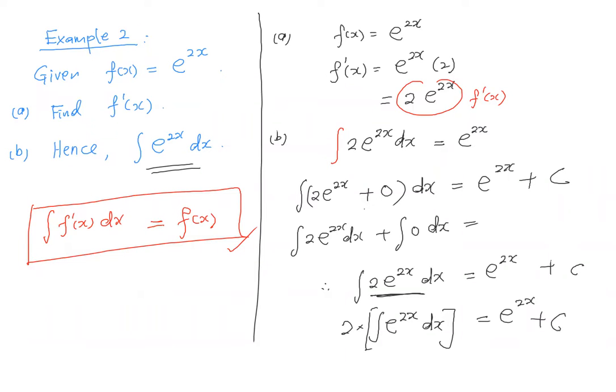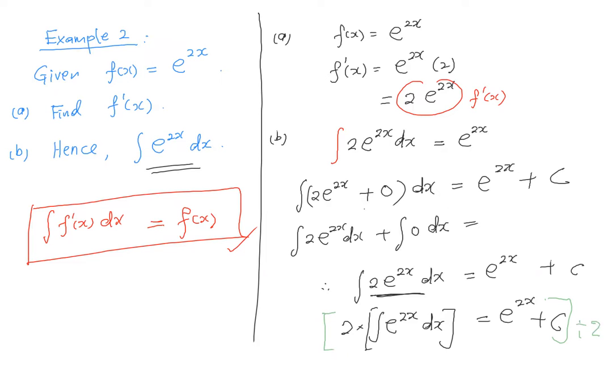But now let's look back to the question. What does the question want? The question doesn't want the 2 to be there, am I right? So what can I do? I can divide the whole equation by 2.